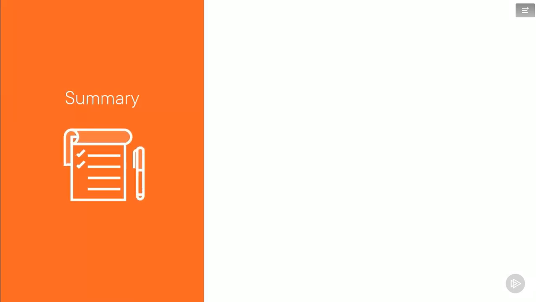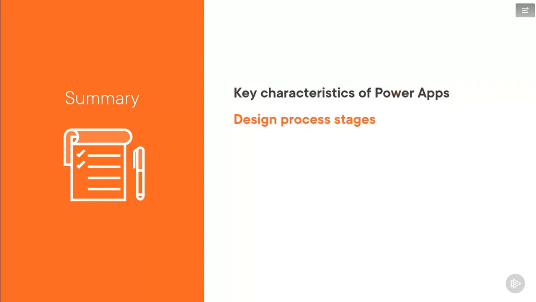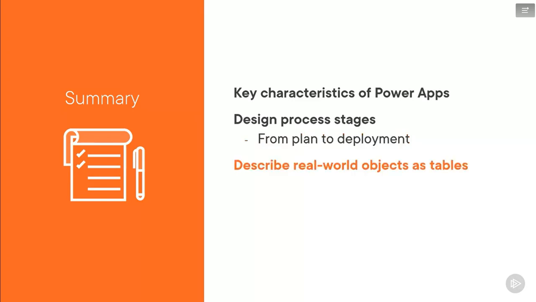Let's quickly recap everything we've covered in this module. You've learned about various types of Power Apps and discovered their main characteristics. Then, we've examined different phases in the business solution designing process, starting from the plan and finishing with deployment. You've also discovered different types of data sources and how to translate real-world objects into tables in your data model.